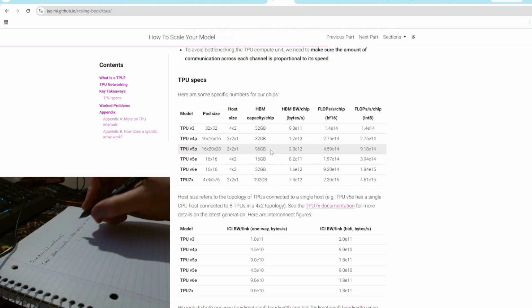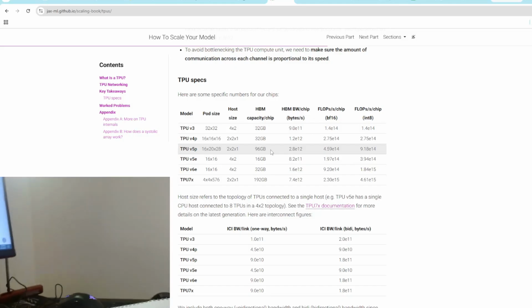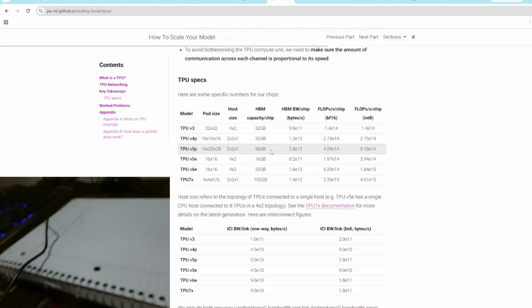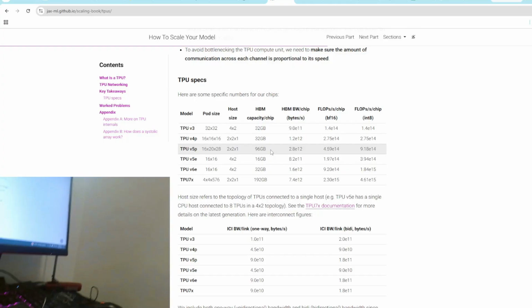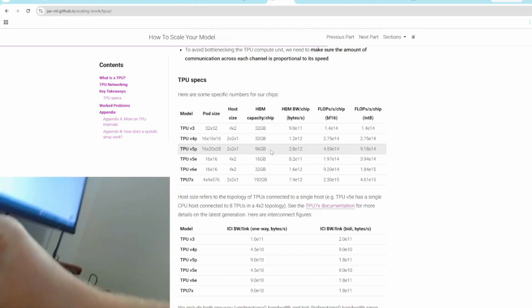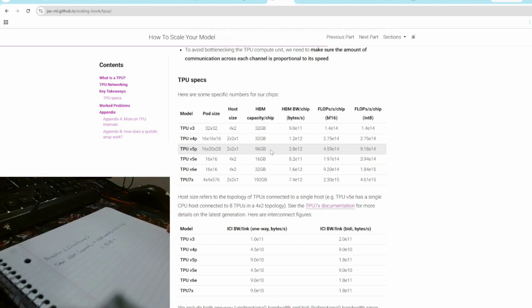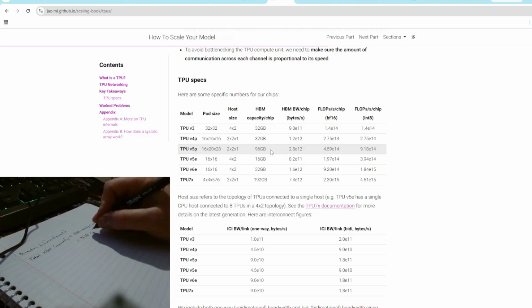HBM capacity per chip is 96 gigabytes times 8,960.